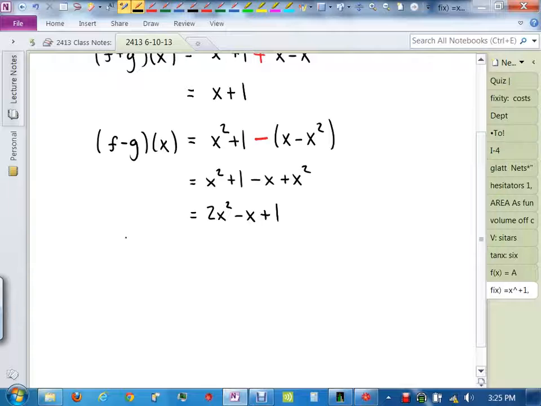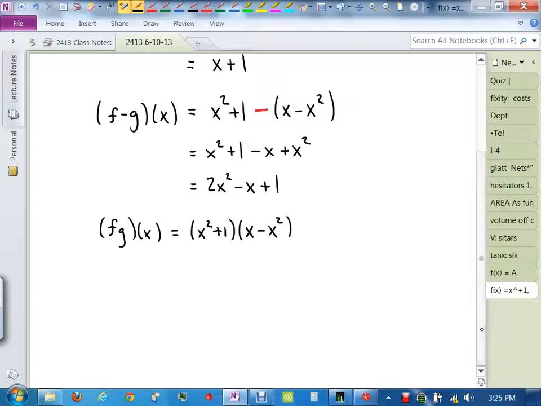All right, next one, fg. So f next to g like this is implied what? Multiplication. So you need to put the x squared plus 1 times, in parentheses, the x minus x squared. And what do we call that when you multiply two things like that together? When you go from here to here, and then here to here, here to here, and here to here.